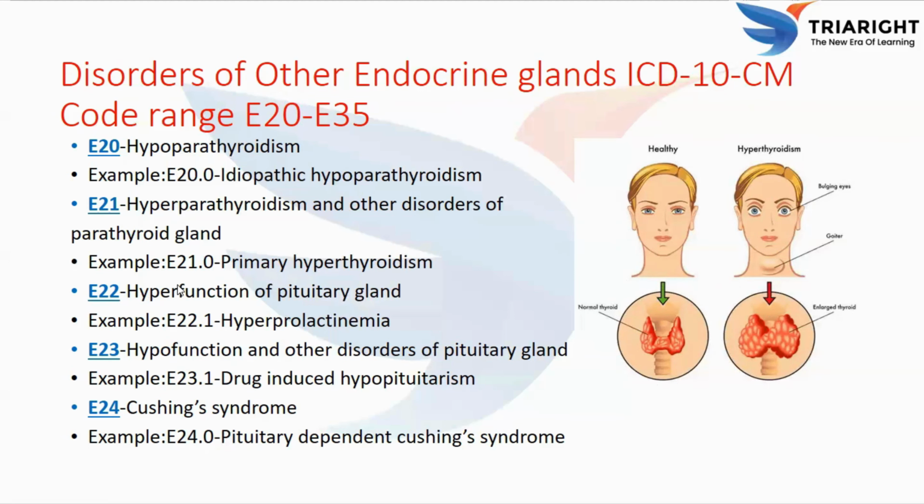Next, coming to the code E22. What is E22? It's a hyperfunction of the pituitary gland, nothing but an overproduction of one or more pituitary hormones. For example, hyperprolactinemia. What do you mean by hyperprolactinemia? It's an excess production of prolactin hormone. What happens when excess prolactin is produced?